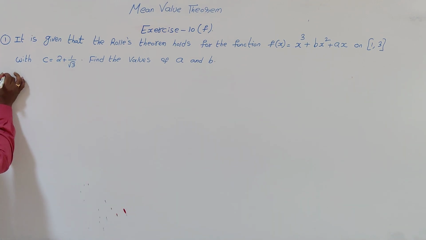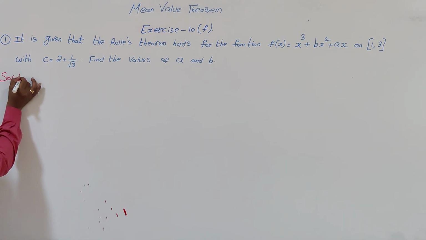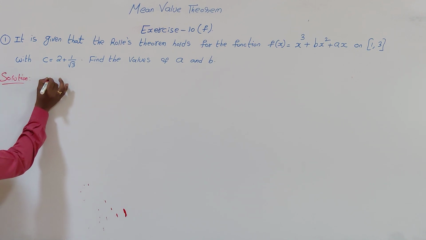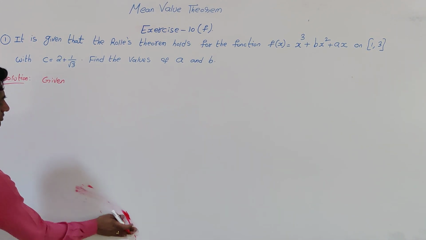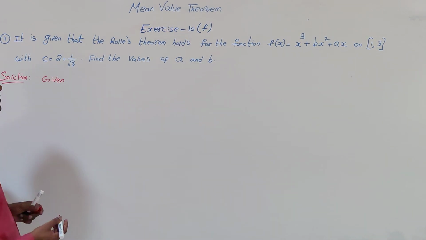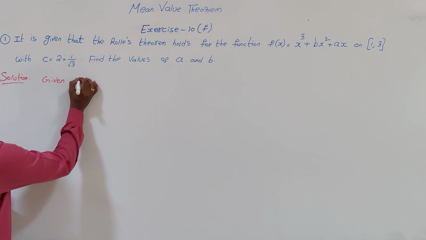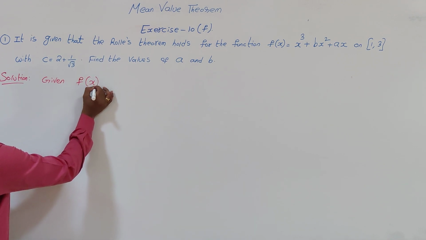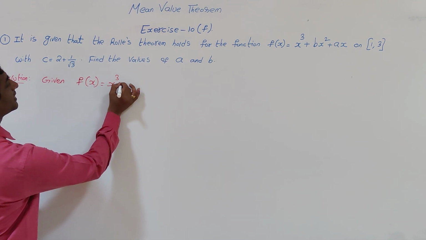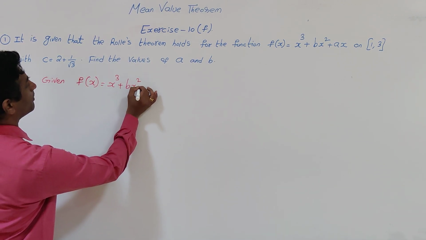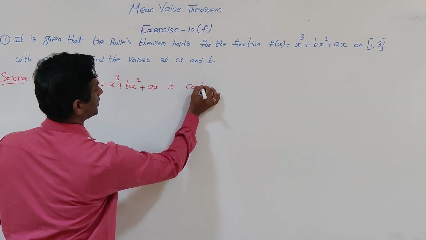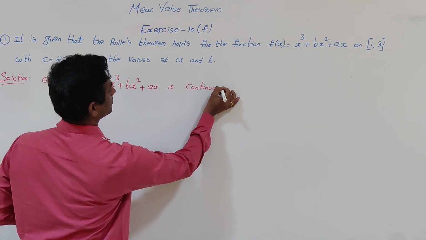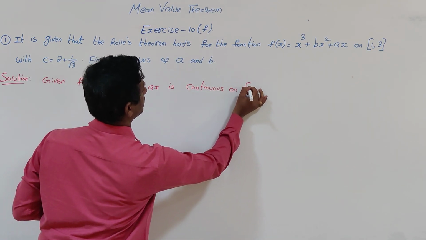So solution: given f of x is equal to x cube plus b x square plus a x is continuous on the closed interval 1 comma 3.